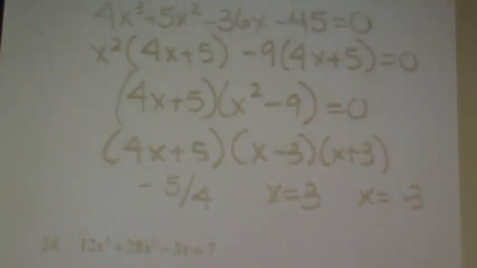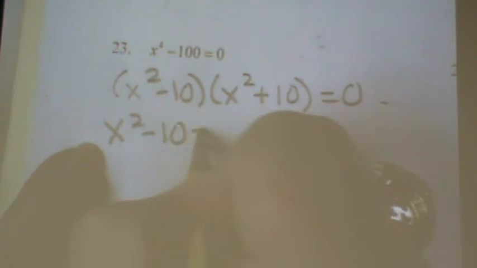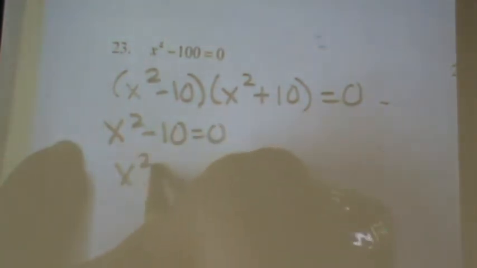Number 23. This one is the difference of two perfect squares. It factors to be x squared minus 10, x squared plus 10. Are you guys with me on that? Yeah. And then you're going to set each of these equal to 0. Add 10.